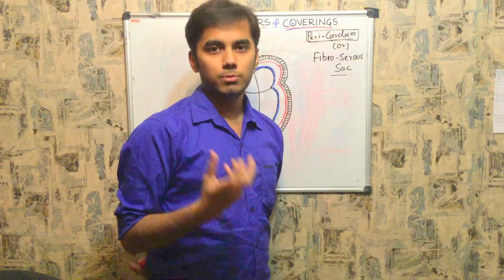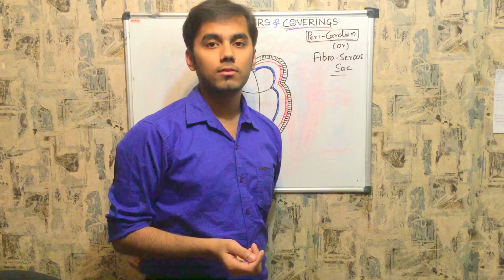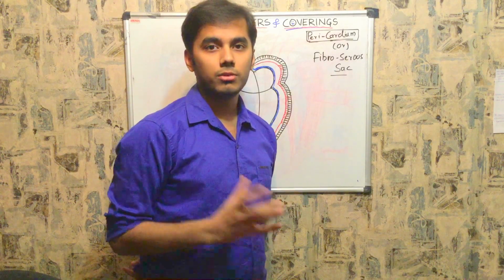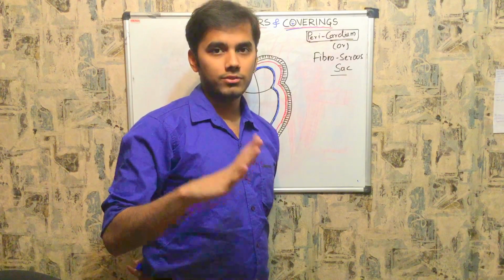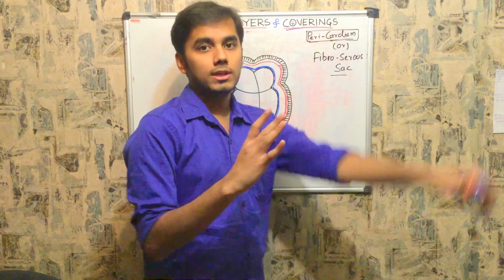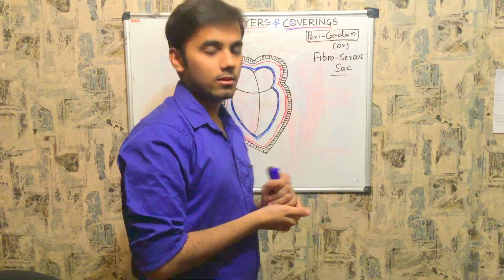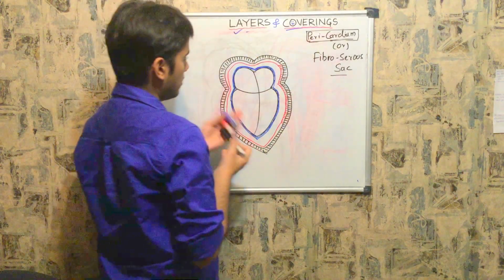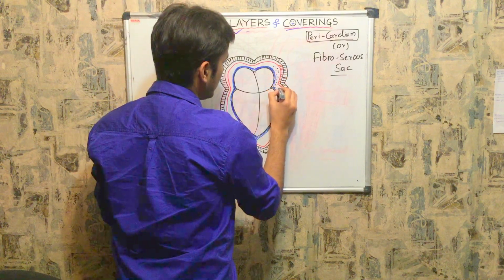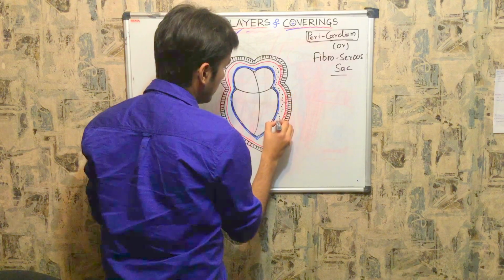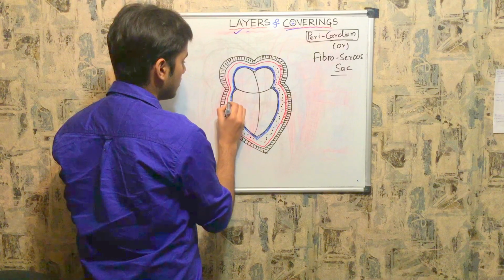The importance of that pericardial fluid is that it prevents the heart from shock or any physical stress, and also acts as lubrication between these two layers. These dots which I am drawing represent the pericardial fluid in the pericardial cavity.